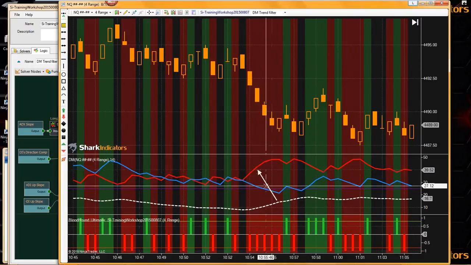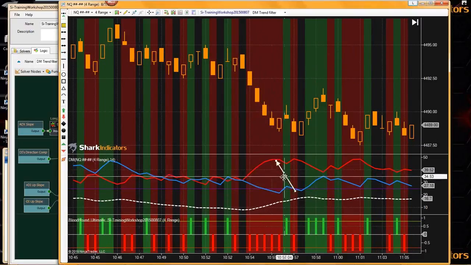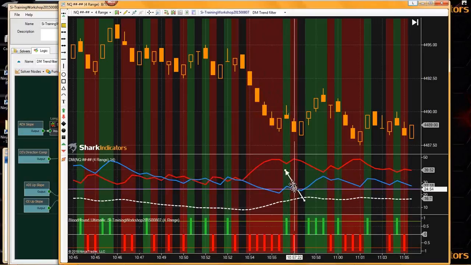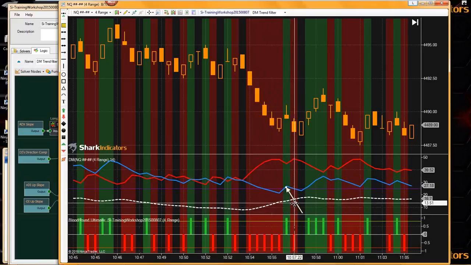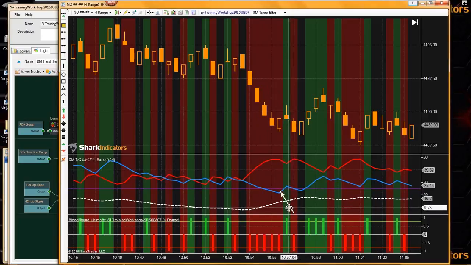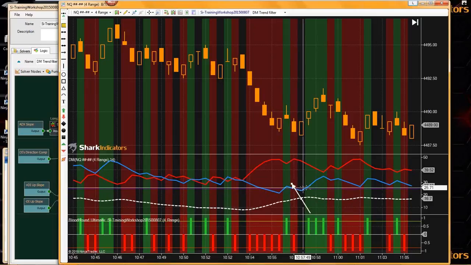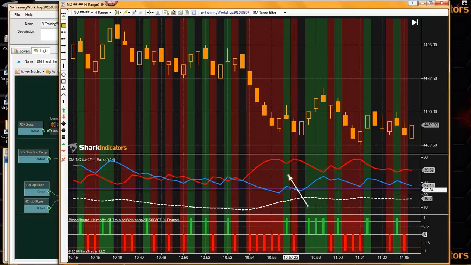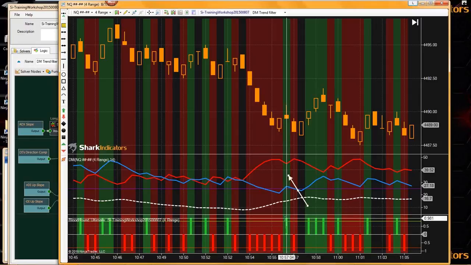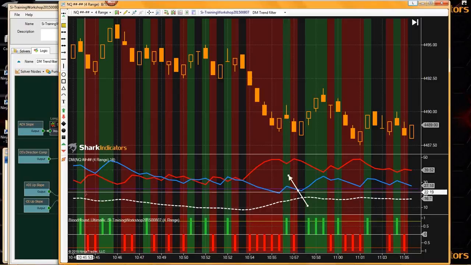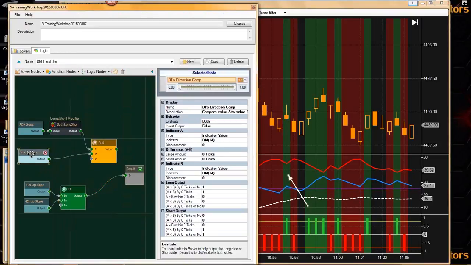So we have our DI minus sloping up, and we're going to have a short output. Now our DI plus is sloping up, and we're getting a long output, right? So that's okay. So we're going to get rid of this long output here. Let's see. Yeah, this long output will get filtered out with all of these other conditions here.